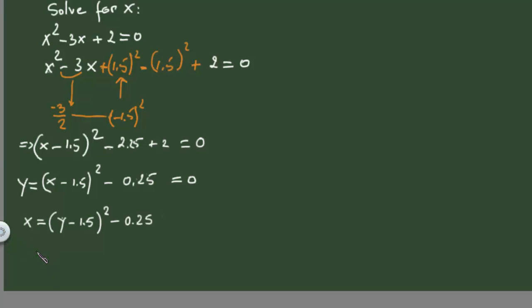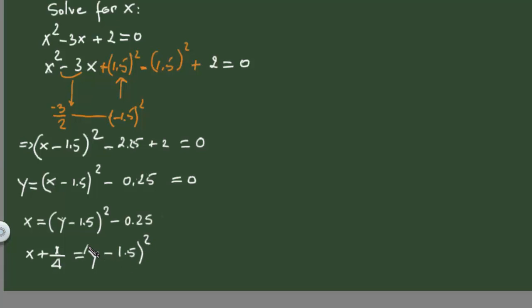That will give us x plus 1/4, because this is 0.25 again, equals y minus 1.5, and the whole thing to the power of 2.